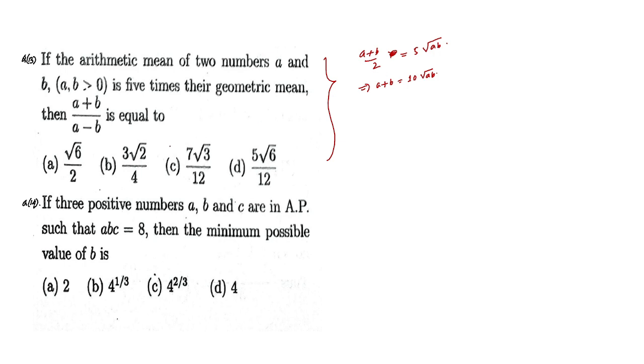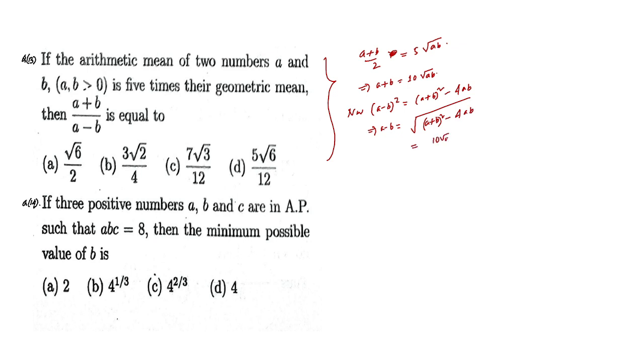Now the question is, what is the value of the ratio A plus B by A minus B? A plus B equals 10 root AB. Now we need to calculate the value of A minus B. We know A minus B whole square equals A plus B whole square minus 4AB, the basic formula we used in 10th standard.